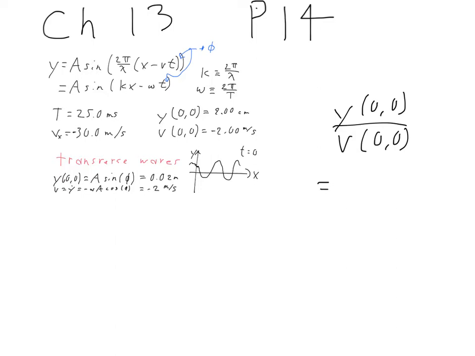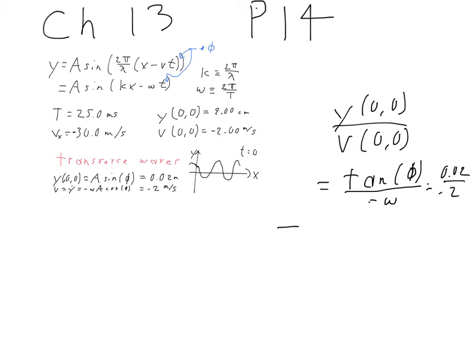Well, note that sine divided by cosine of the same thing gives you the tangent, since sine divided by cosine is by definition the tangent function. So we're actually going to get tangent of our phase constant divided by negative angular frequency, equal to 0.02 divided by negative 2.